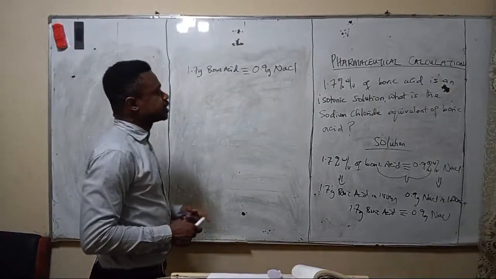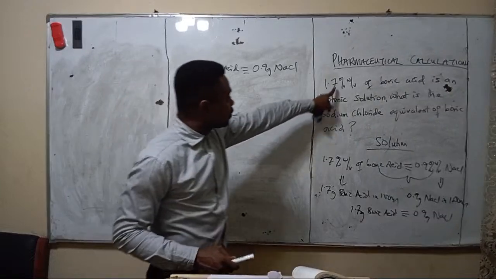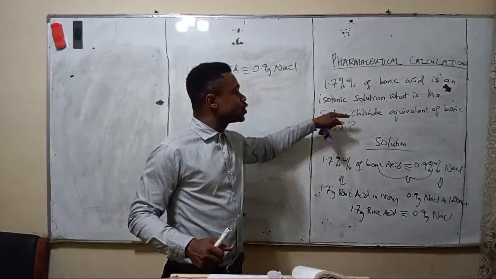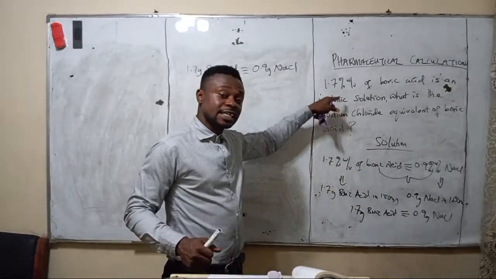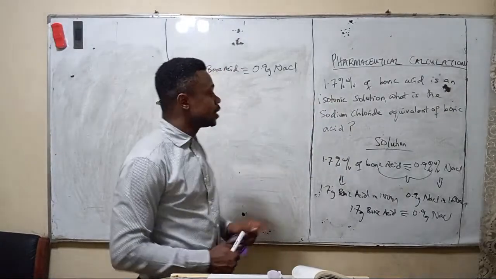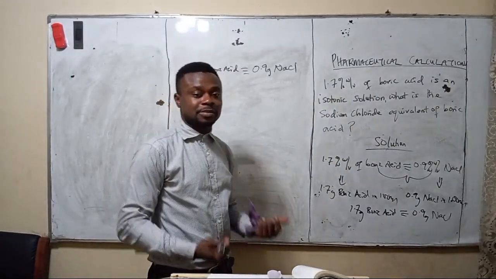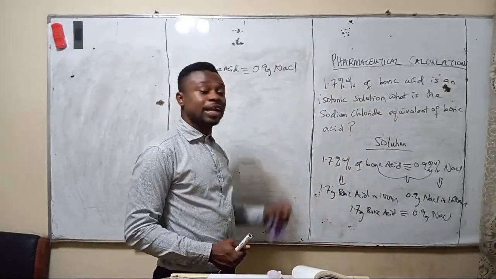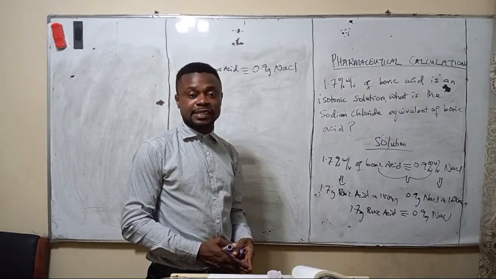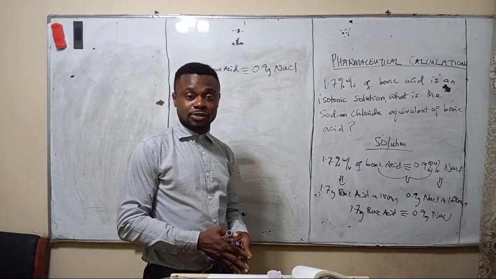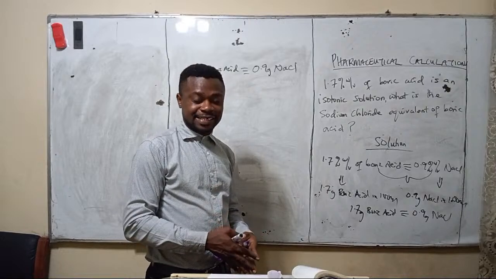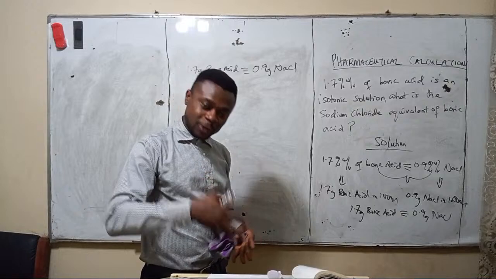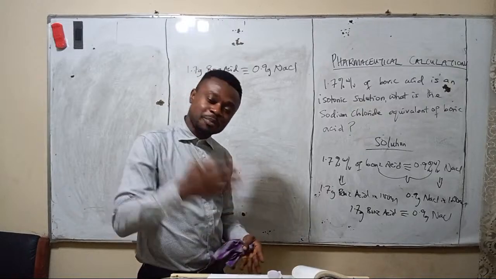Let's go back to sodium chloride equivalent. We need to understand the meaning of sodium chloride equivalent before we can bring it into this question. What is the sodium chloride equivalent of a substance, here boric acid? Sodium chloride equivalent of boric acid is the amount of sodium chloride that has the same tonicity, or is equivalent to 1 gram of boric acid.